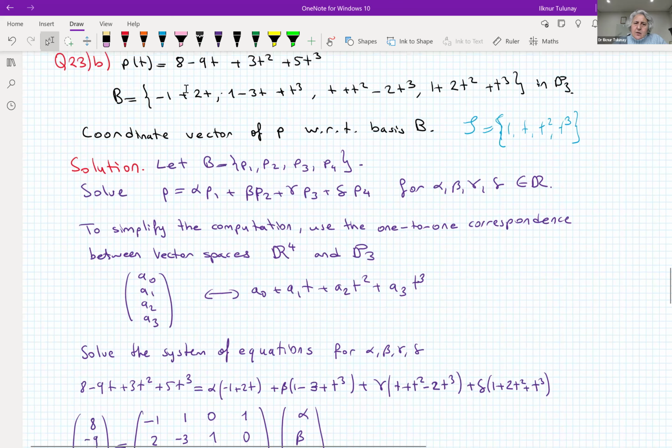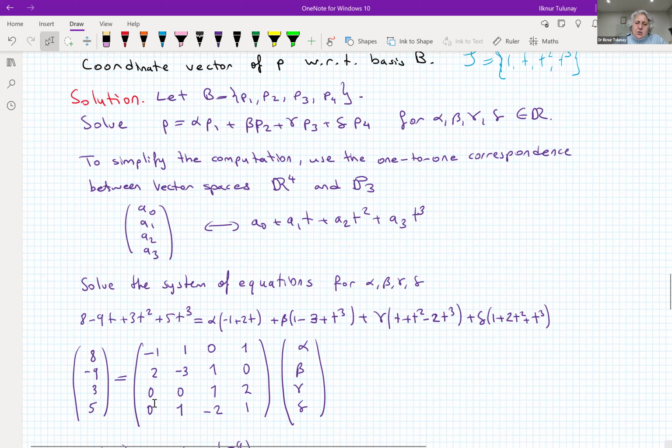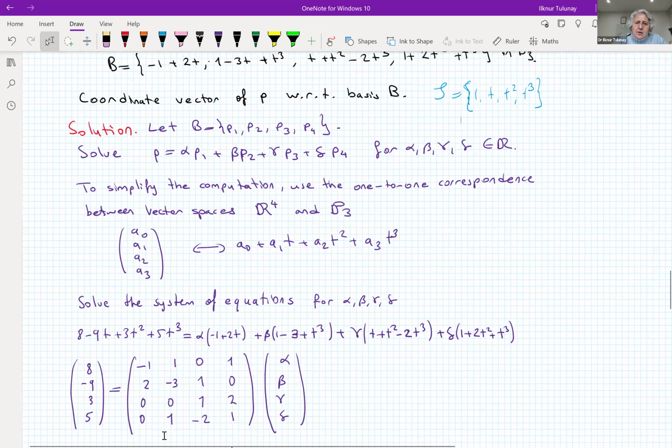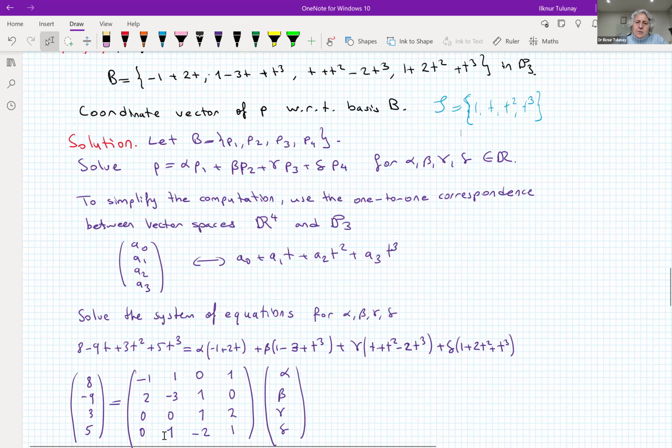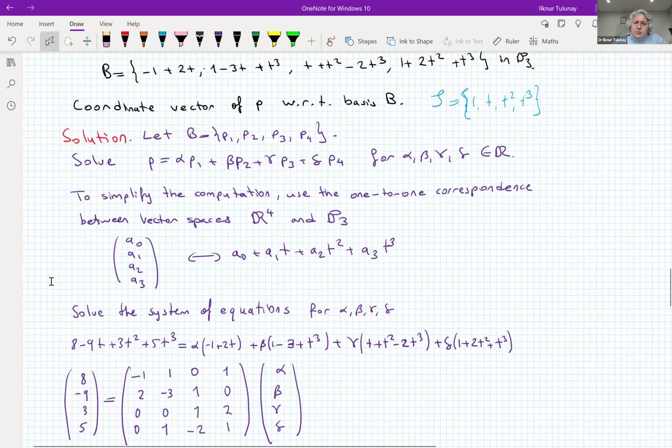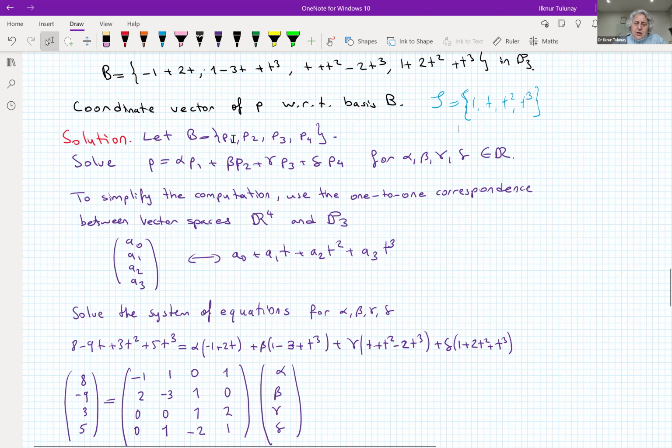What I mean by that: this is the polynomial -1 plus 2t. So the coefficient A2 is 0, A3 is 0. As a vector, this will be -1, 2, 0, 0. So this is the first column. This polynomial in vector form will be 1, -3, and the coefficient of t squared is 0, and the coefficient of t cubed is 1.